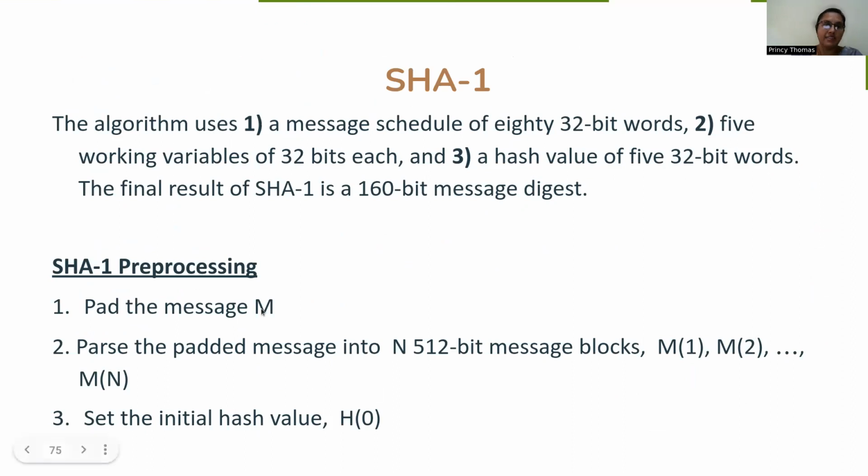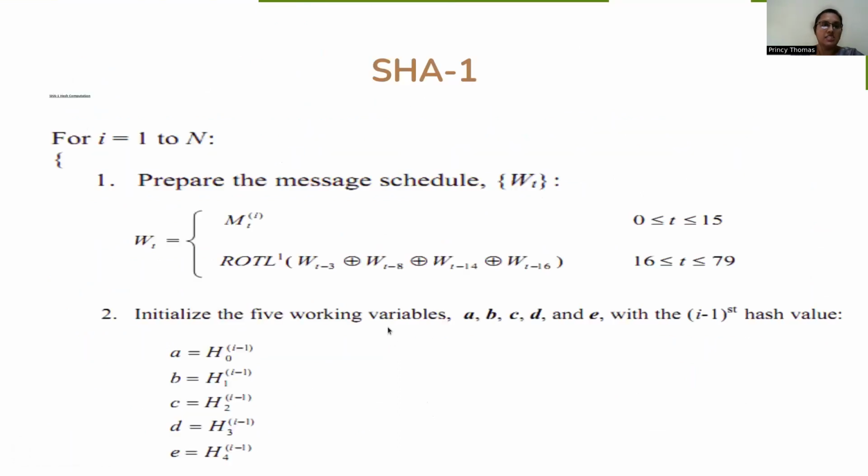First step is pad the message. Second step is parse the message into n 512-bit blocks and then set the initial values, the 5 initial values. Once that is done, for every i from 1 to n, prepare the message schedule W of t, that is to check whether the t value is between 0 to 15 or 16 to 79.